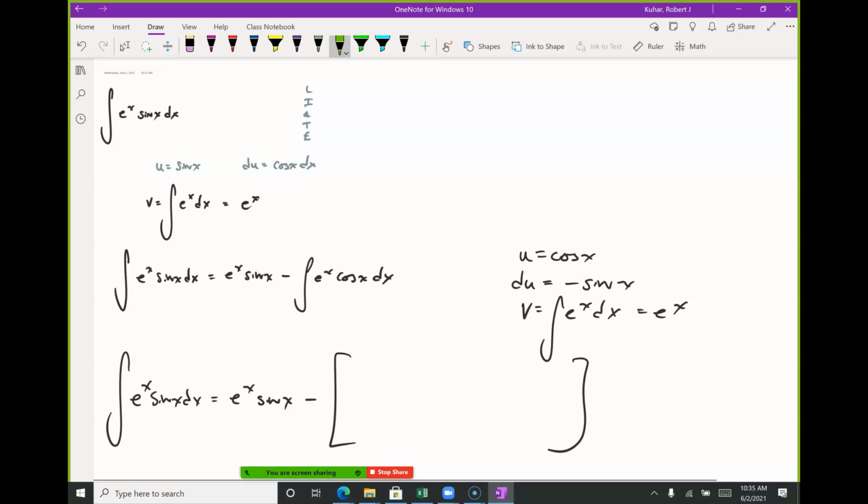So it looks like I have e to the x cos x dx, oh, I forgot a dx somewhere right there, sorry, minus the integral of v du, so plus e to the x sine x dx.